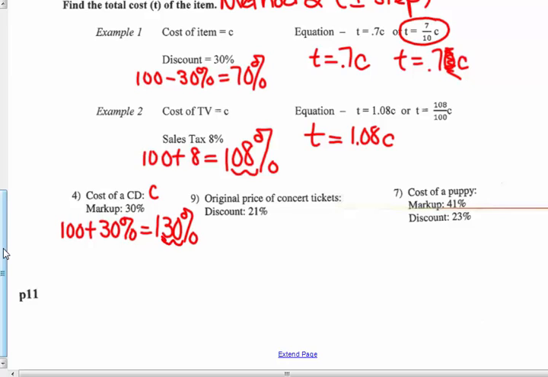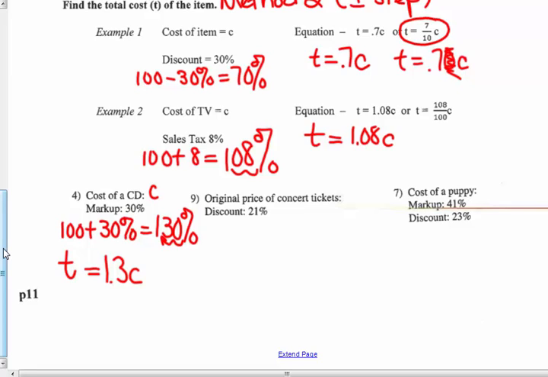Change the percent to a decimal, and I would get 1 3/10 times the cost of that CD equals my total, what it's going to totally cost me. 1 3/10 times the cost of whatever that CD is. $11.99 times 1 3/10, that's what it's going to cost me.